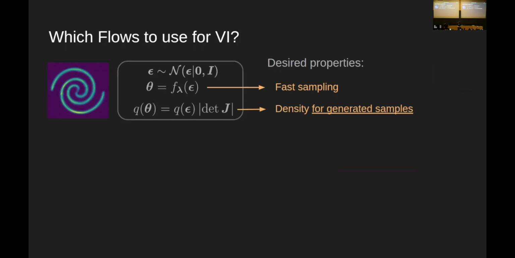We only want the density for the samples that we are generating, and this we can do using only the forward transformation. So we don't really care too much about the inverse going up to epsilon being fast, or you don't even have to be able to compute it. So we only need the forward direction.